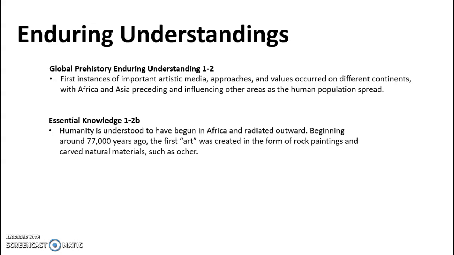This one is from Global Prehistory, and it's basically saying that students need to understand that things happened and values occurred on different continents, with Africa and Asia beginning, and it kind of moved out from there. And then the essential knowledge is right under that: the first art was created in rock paintings and carved out of natural materials. So that is just an example too.